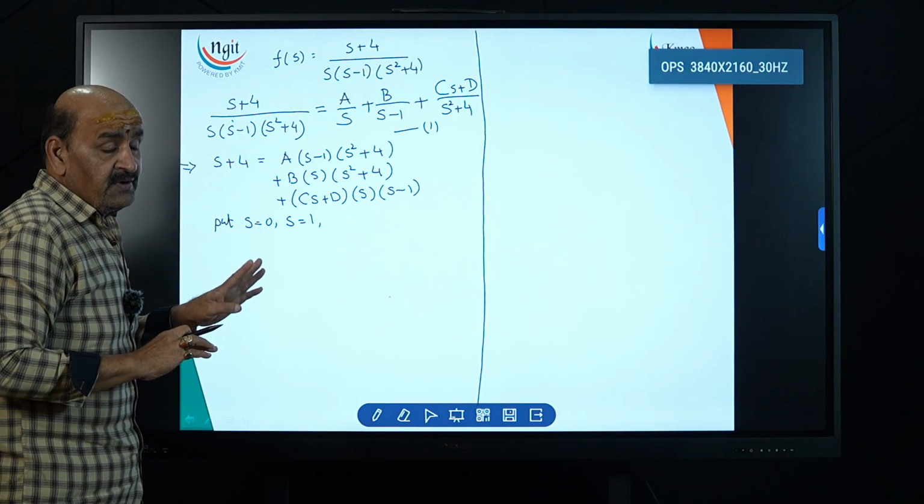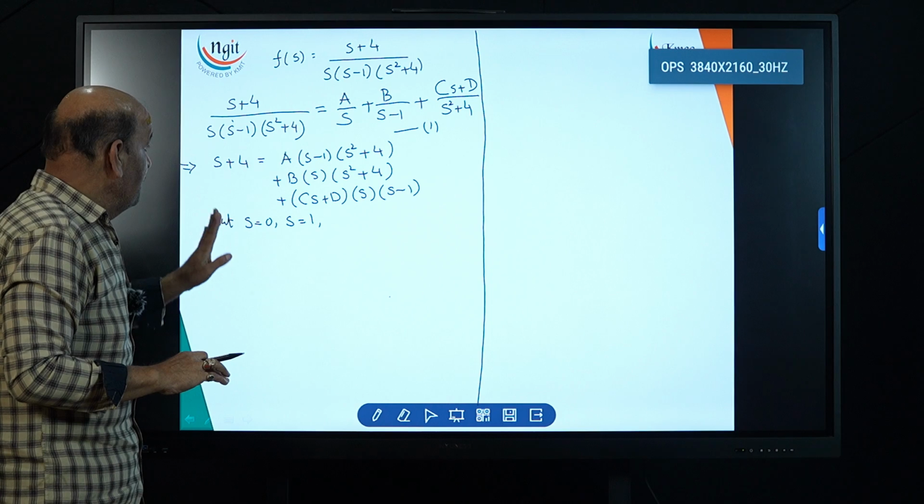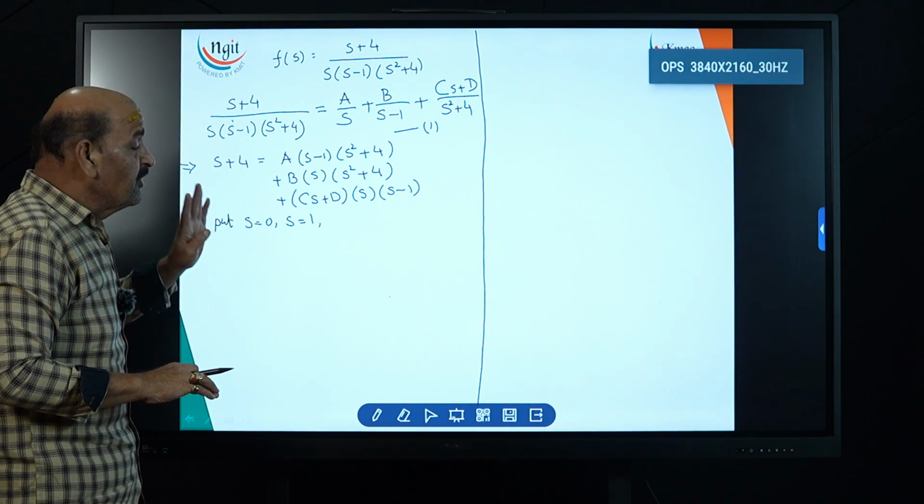So we need 4 different equations for solving 4 constants.